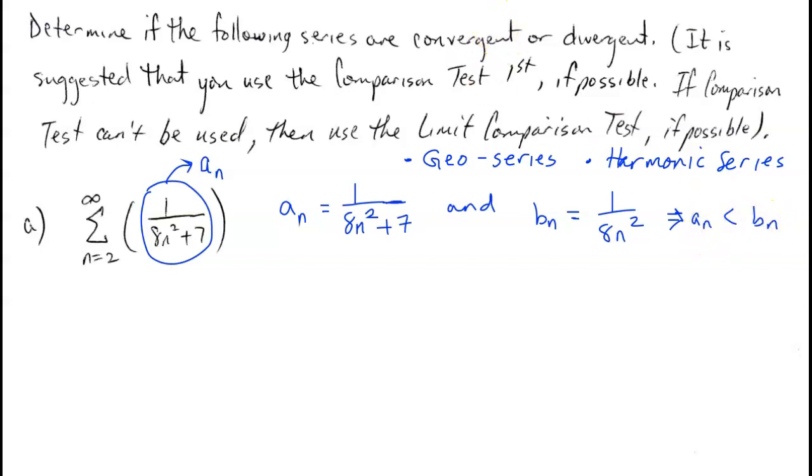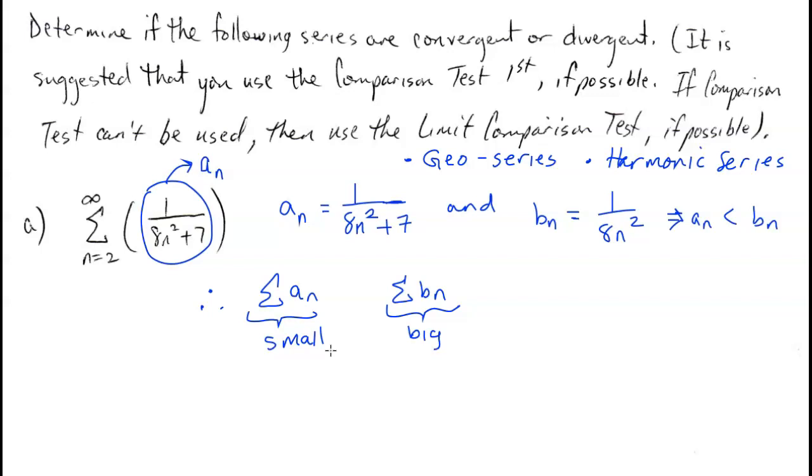I know that the a sub n sequence is smaller than the b sub n sequence. So what that also tells me is that I have two series to compare, mainly the series with a sub n and the series with b sub n, okay? The b sub n one is going to be known as the bigger series. The a sub n one is going to be known as the smaller series.